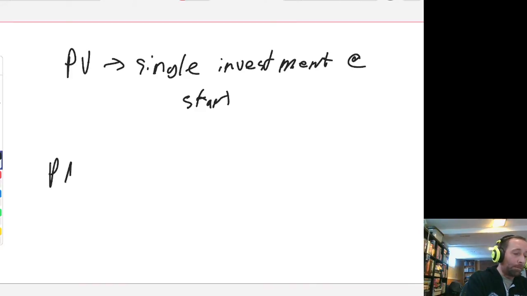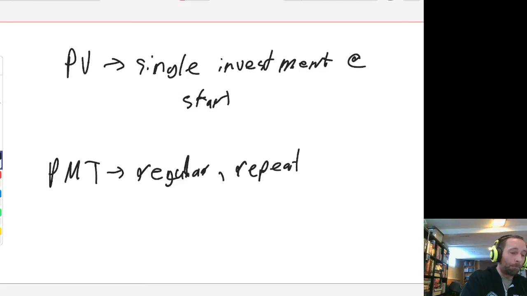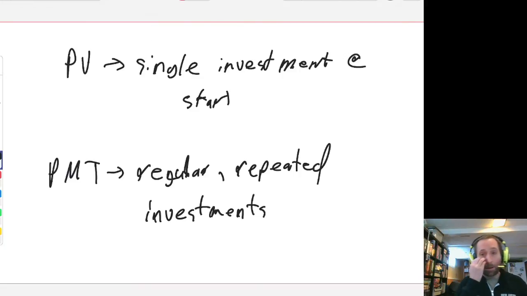We use the PMT if there are regular, repeated investments. So these investments are made over time, again and again, perhaps every month, perhaps every year, but they're made repeatedly and not just one time.